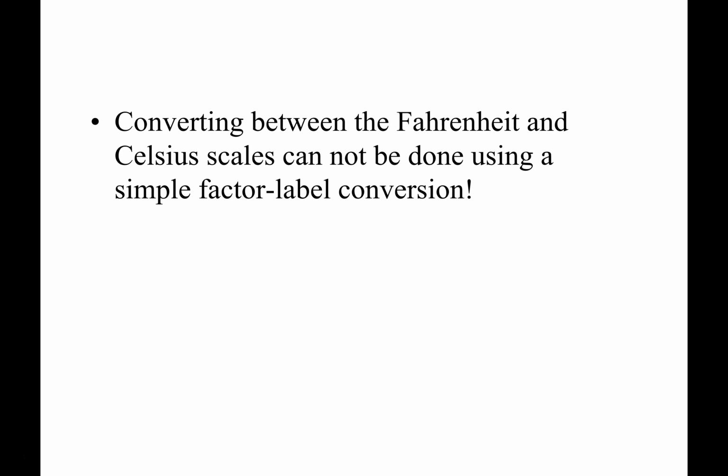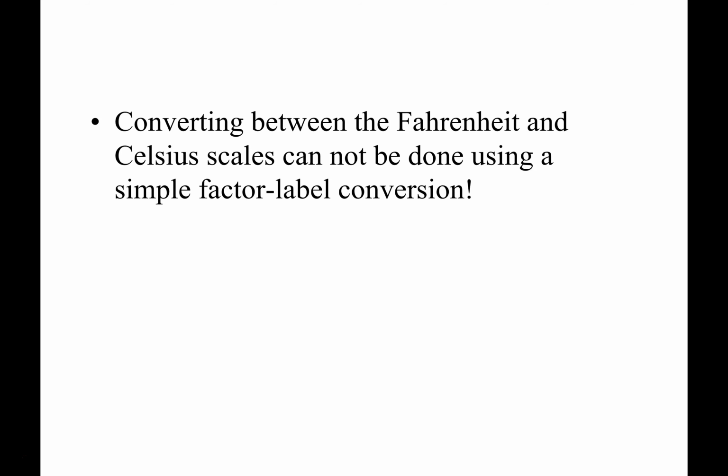I'm going to talk about 4 different types of scales. As it turns out, the most sophisticated temperature scale is coming up, and that's the Kelvin temperature scale. Fahrenheit and Celsius are not ratio.